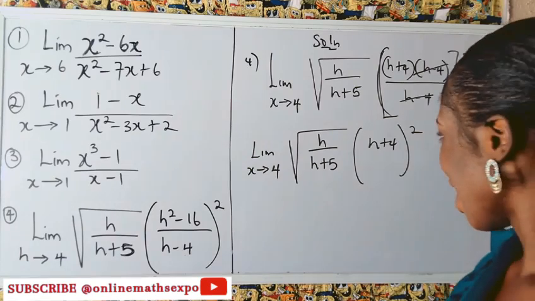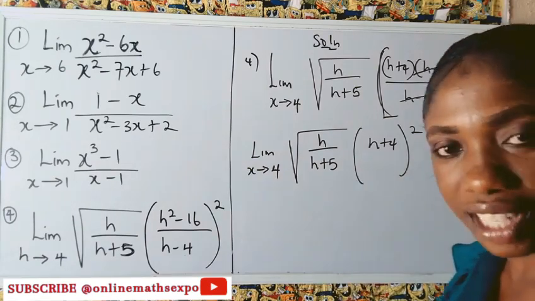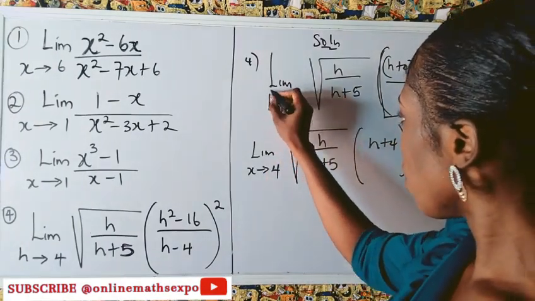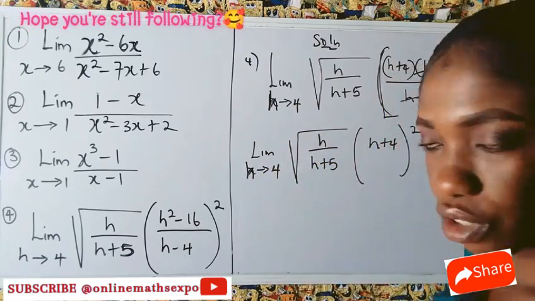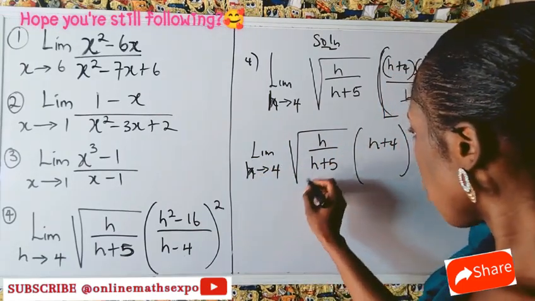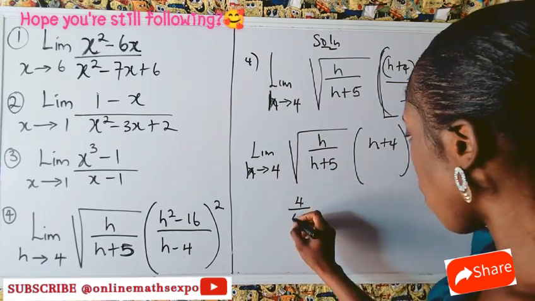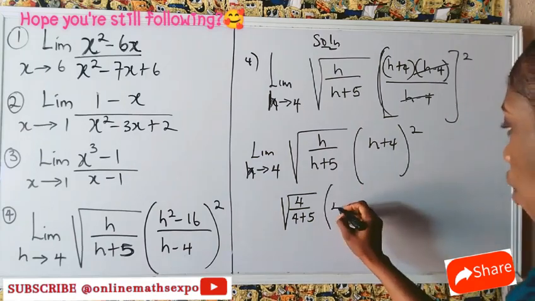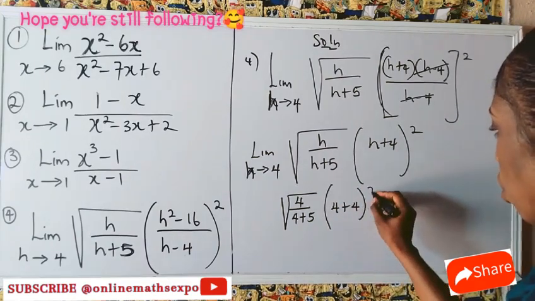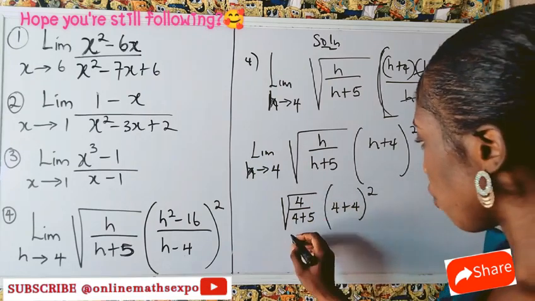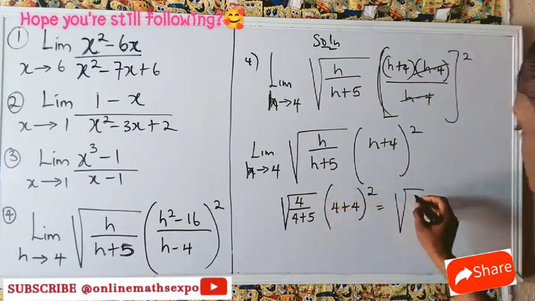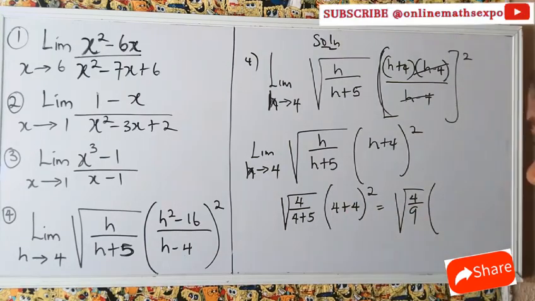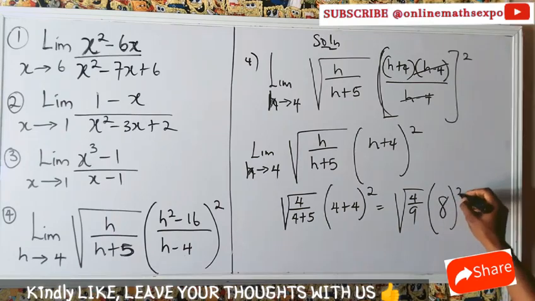I hope it's clear. So at this point, you can now do your direct plugging: put in the value of h into this function, and that will give us the square root of 4 over 4 plus 5, into 4 plus 4, all to the power of 2. This will give us the square root of 4 over 9, into 8 to the power of 2.